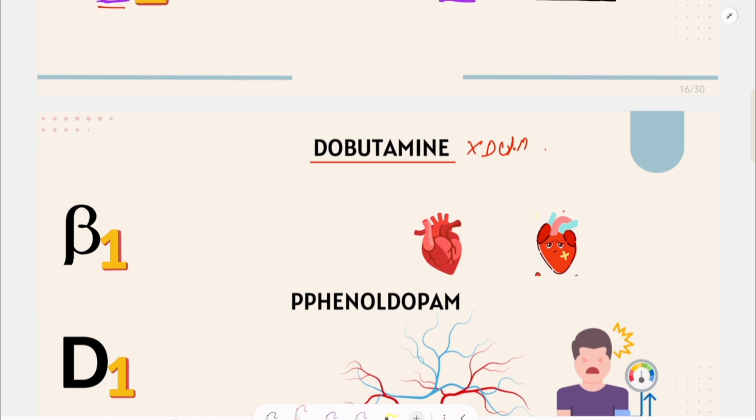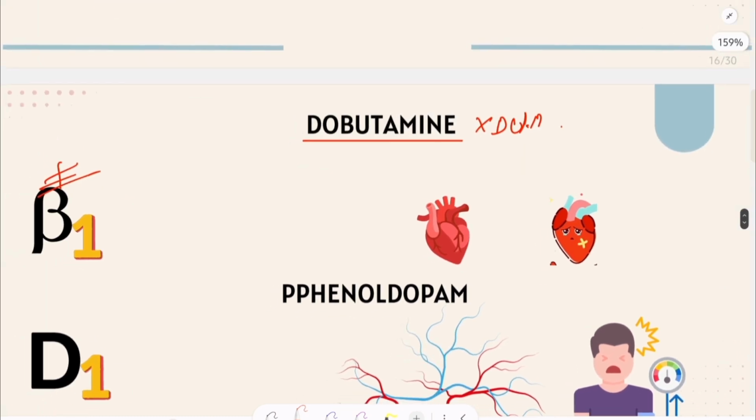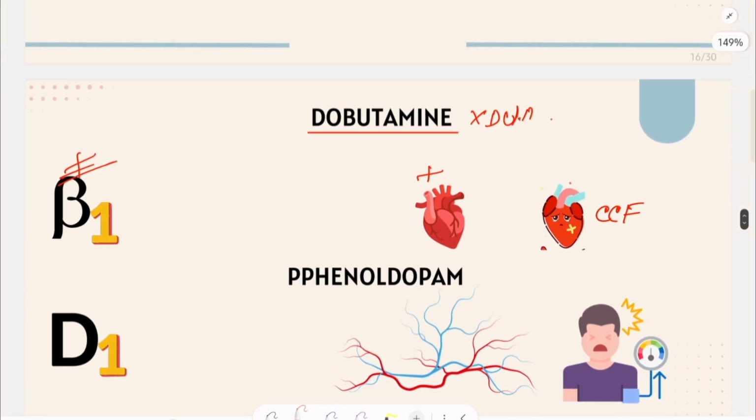That is the most important thing to remember, that dobutamine does not act on D1 receptor. Rather, dobutamine primarily works on beta 1 receptor. So, it will stimulate the heart and it will mainly be used for congestive cardiac failure. The major use of dobutamine is congestive cardiac failure.